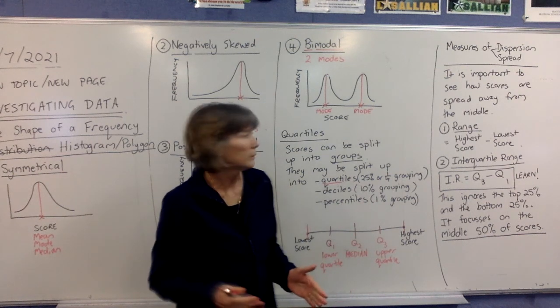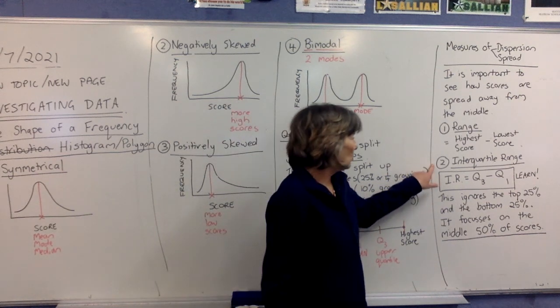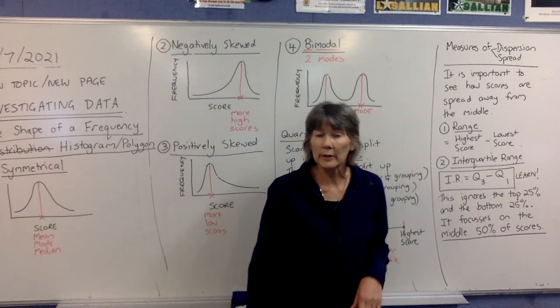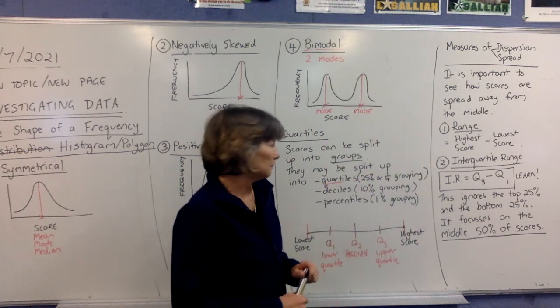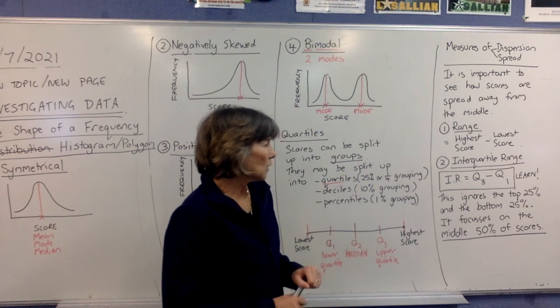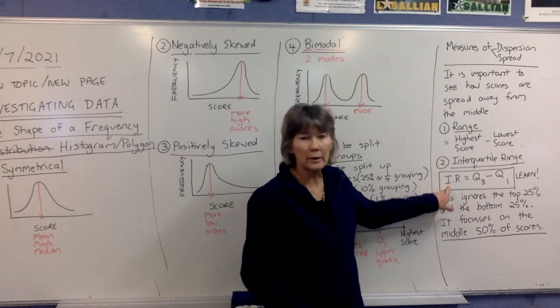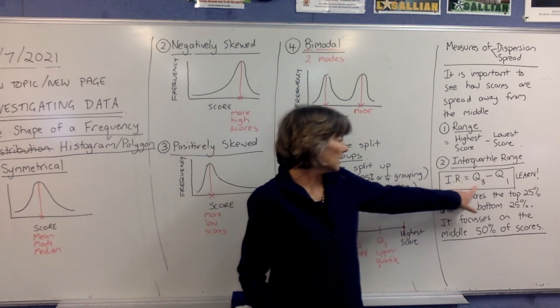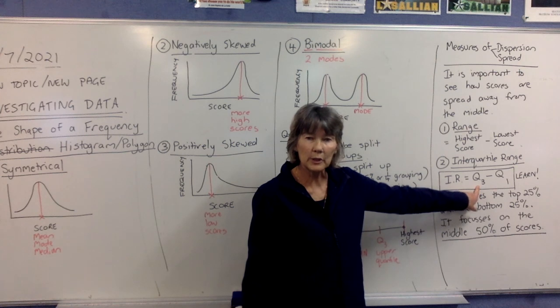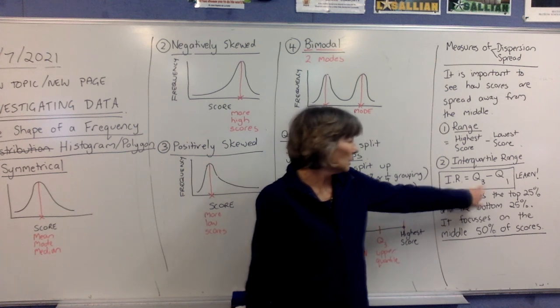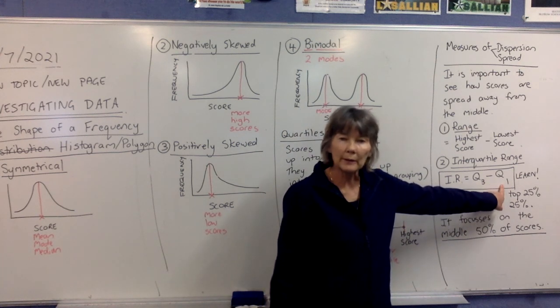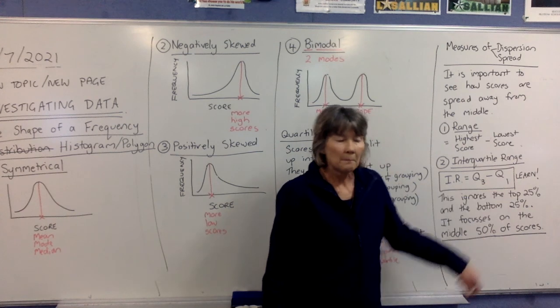Okay, the second one is the interquartile range, and that's what we're going to be learning now. So the interquartile range, I've abbreviated it IR, is done by getting Q3, which is our upper quartile, and minusing our Q1, our lower quartile.